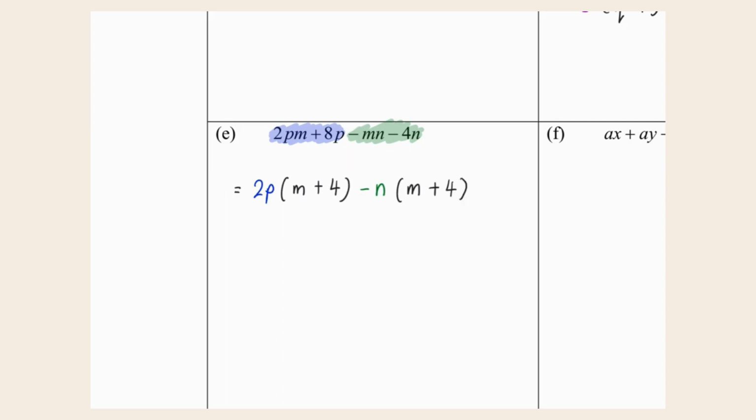In case you are wondering why Mr. Tan writes a plus, it is because with negative n as the common factor, when I take it out, if I were to expand them, this will give me back my negative 4n. Okay? And so, we can see that m plus 4 is the common factor. I'm left with 2p minus n.